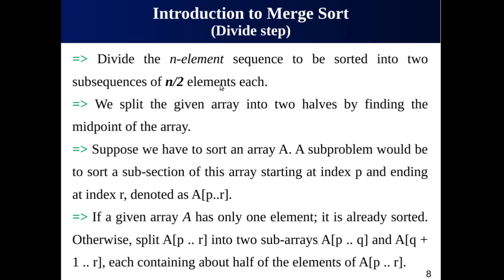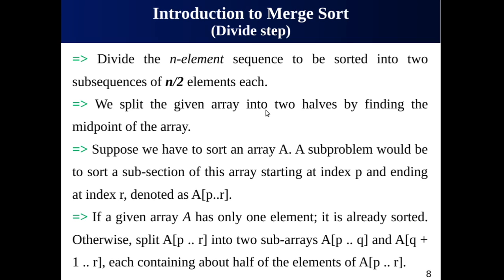So in the divide step, we actually split the given array into two halves. But how will it happen? It's very simple. As we know from binary search, we need to find the midpoint of the given array. For that, we use a formula which is very simple: lower bound of the array plus upper bound of the array, divided by 2, and then finally take the ceiling or floor function.